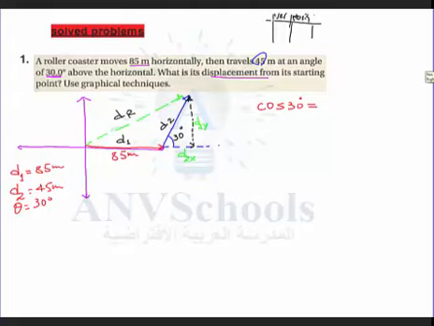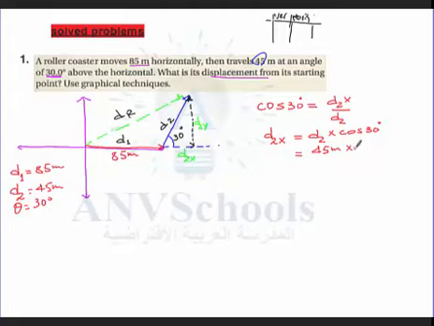So the cosine of 30 degrees is d2x divided by d2. Cross multiplying and making d2x the subject, d2x is d2 multiplied by cos 30 degrees, and d2 is 45 meters. So 45 meters multiplied by cosine of 30 degrees.